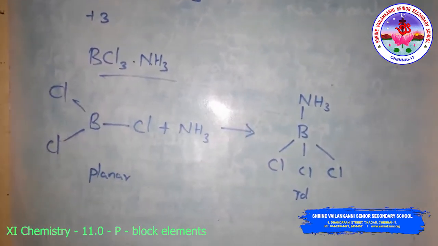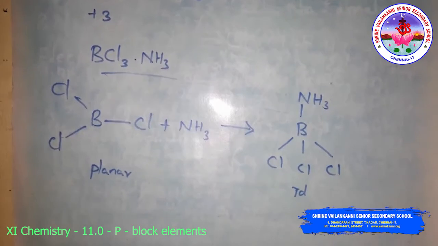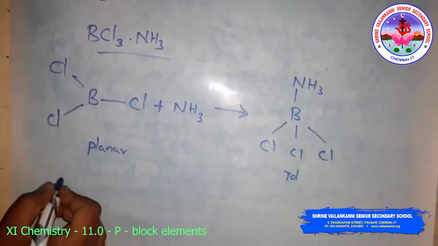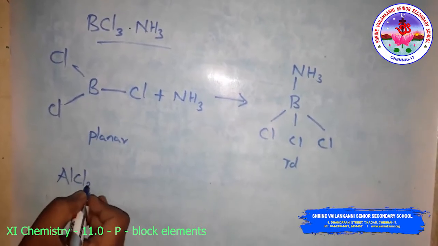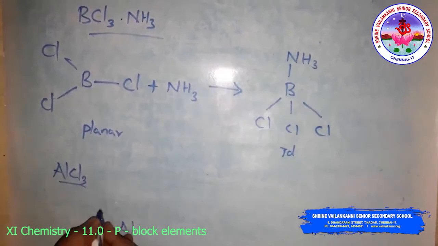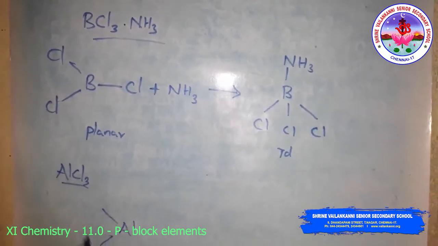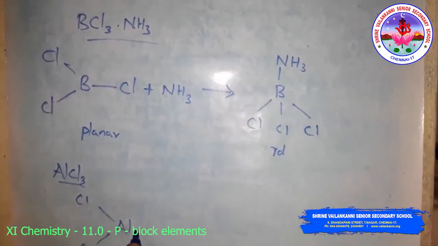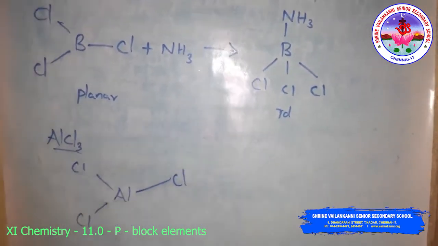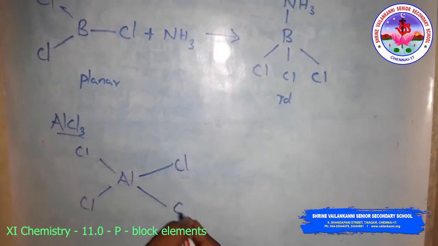Here AlCl3 achieves stability by forming a dimer. So we can write AlCl3 like this. This is one form, and one more is there, that is the dimer form.